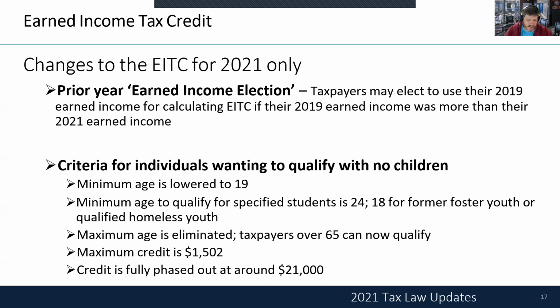Put that as a reminder: before I finalize the tax return, let me go to this section and see if my client could benefit from using their income from 2019. Because the system's not going to remind you, hey, this client could benefit from doing this.